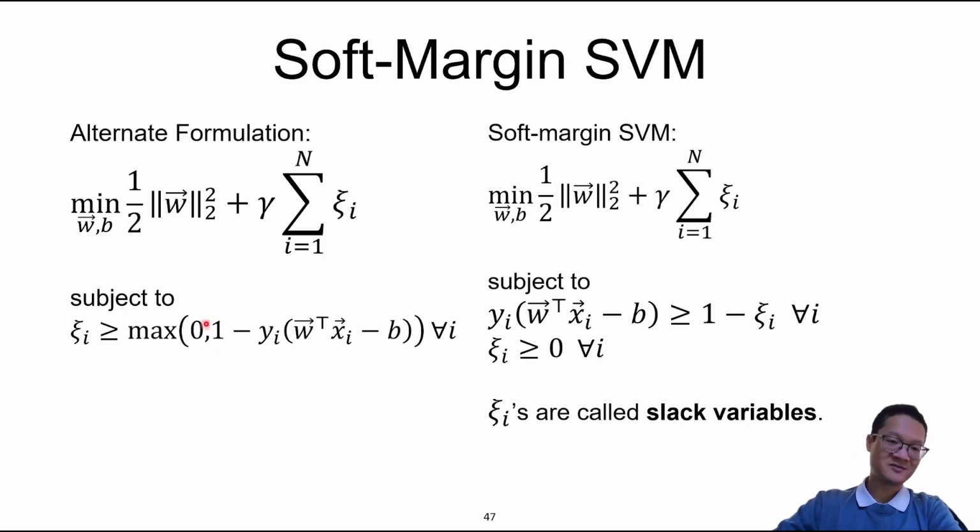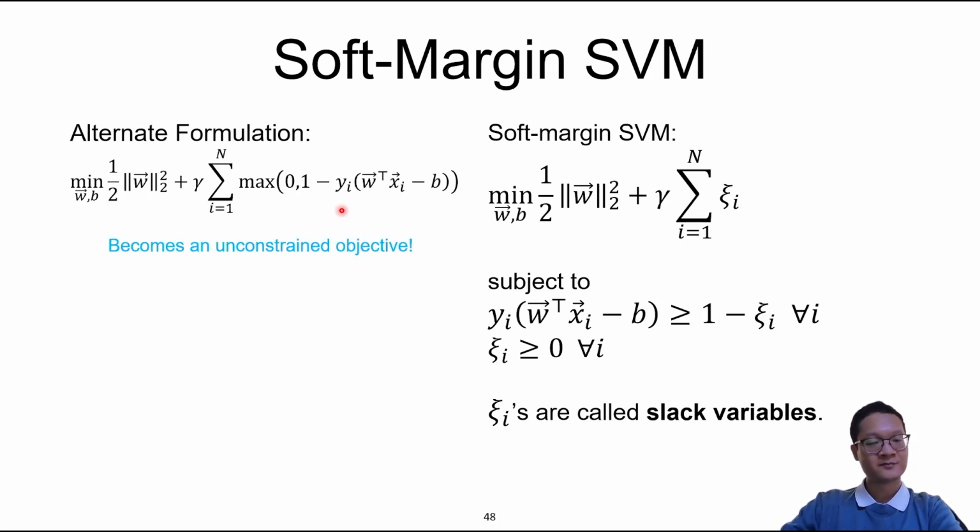Okay, and then the next step is, while we're penalizing Ci anyway, there's no reason for Ci to be any greater than the right-hand side here, so we can move the max right into the sum. That basically removes any constraints, and our problem becomes an unconstrained optimization problem.